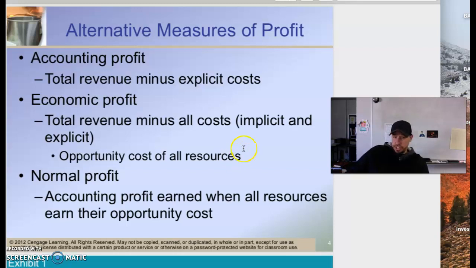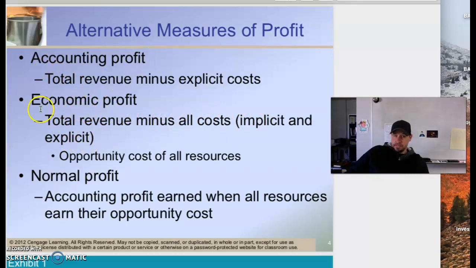So there is an implicit cost that you are giving up, and that's the highest valued alternative of your resources, right, that you're giving up. In this case, it would be the time. So economic profit is your total revenue minus all costs, both implicit and explicit.